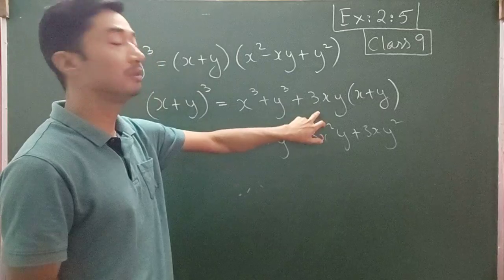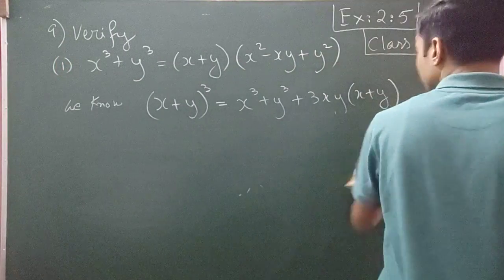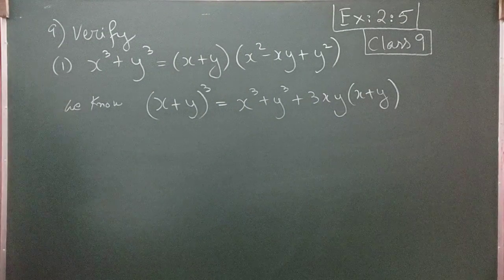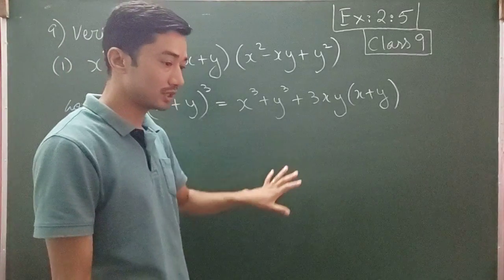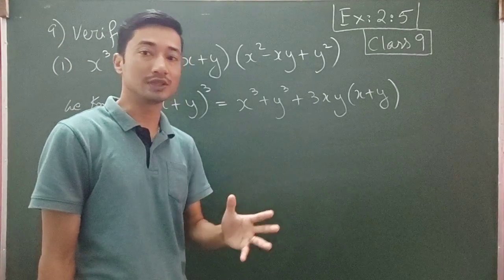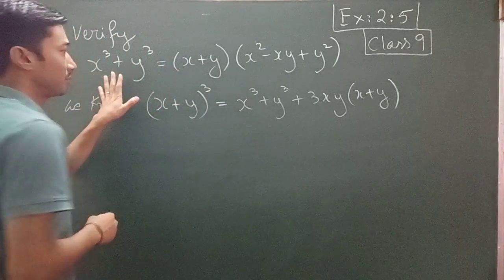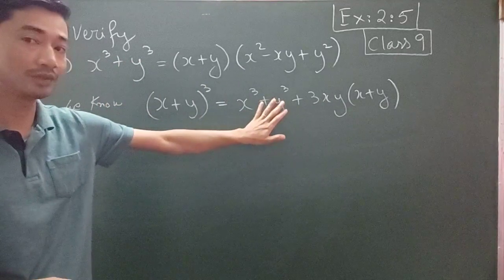So that's why I'll be using this, okay? But you can use any one. I already told you in the last video, both the identities are same, so you will use according to the question. So now what I'll do here is, look at the proof, x plus y, x cube plus y cube. So I'm going to leave x cube plus y cube here.